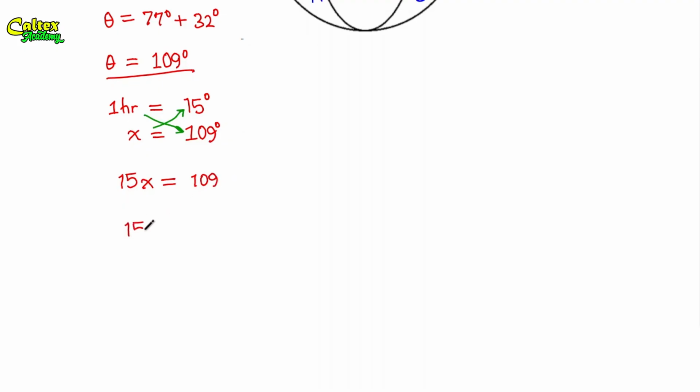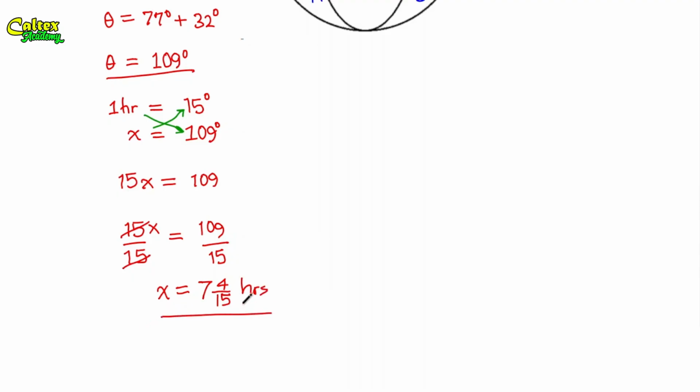Dividing both sides by 15, on the right-hand side we have 109 divided by 15, and we cancel off 15. So x is equivalent to, when we divide 109 using our calculator, 7 and 4/15. And these are hours.